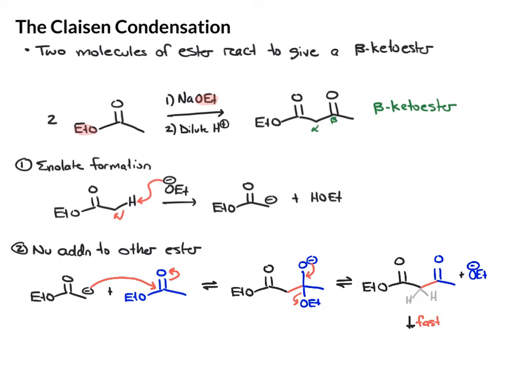Get a very fast acid-base reaction. So we reform another enolate, and get ethanol as a byproduct.